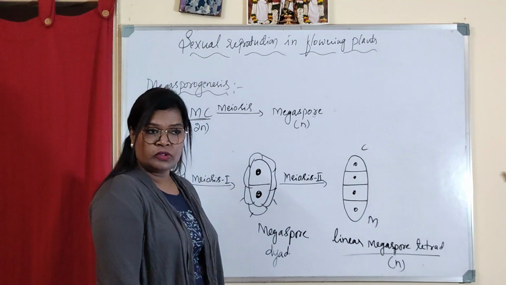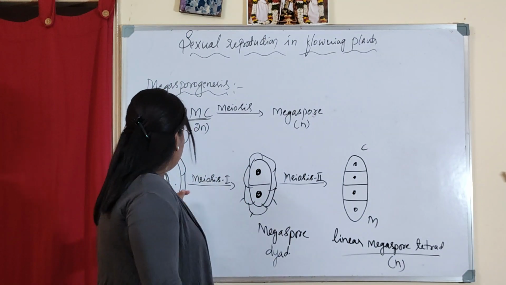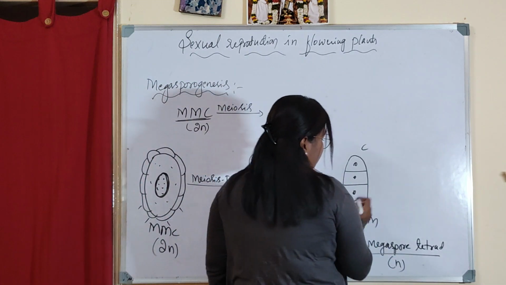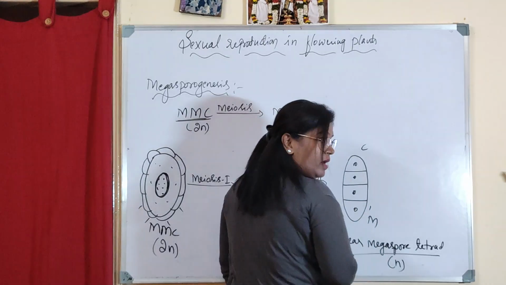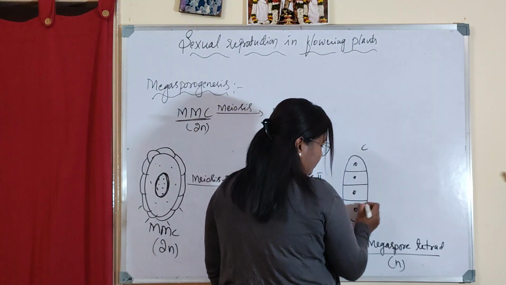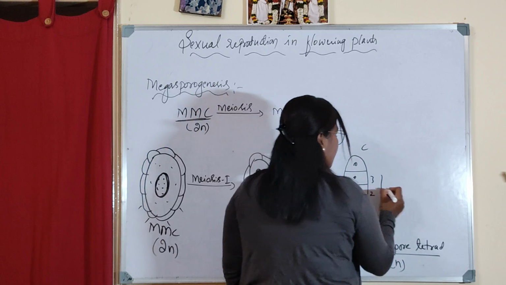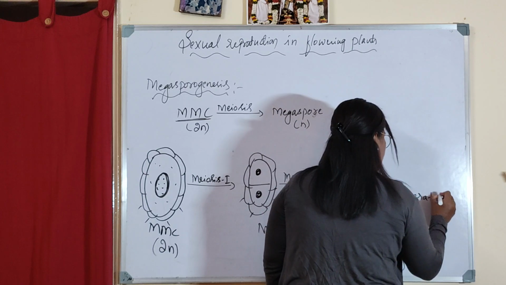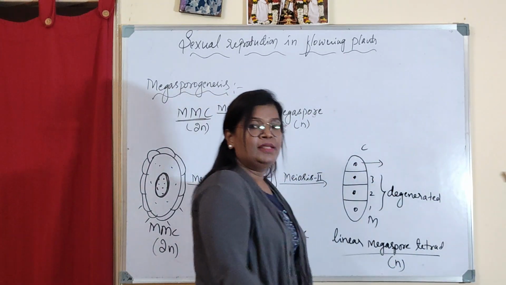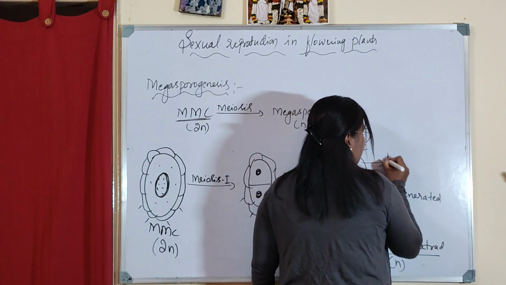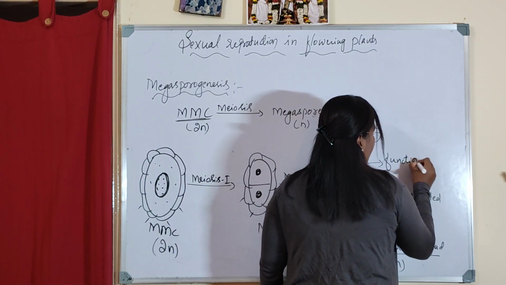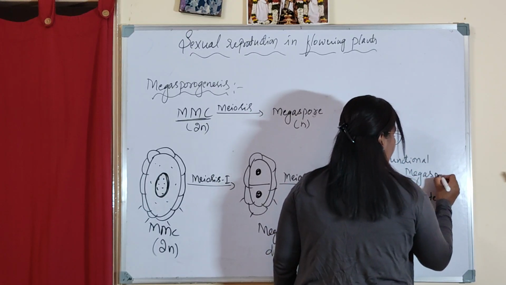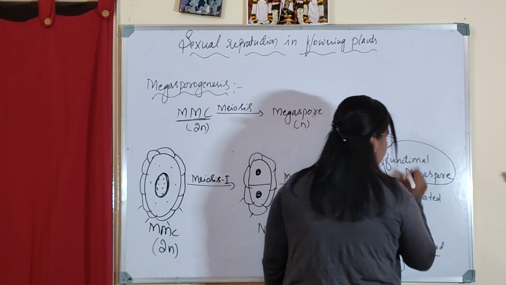Four megaspore cells are finally formed. The three cells starting from the micropylar region, 1, 2, 3, all degenerate, and the one which remains towards the chalazal region becomes the functional megaspore.